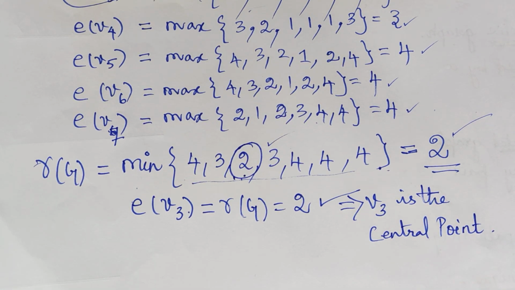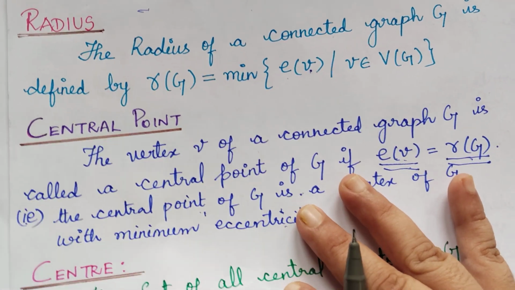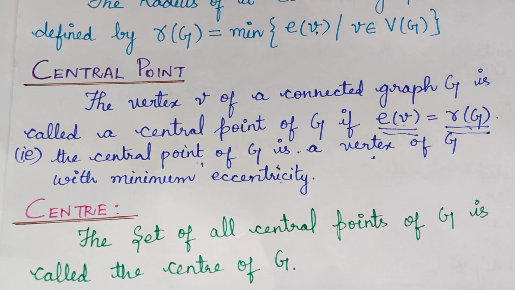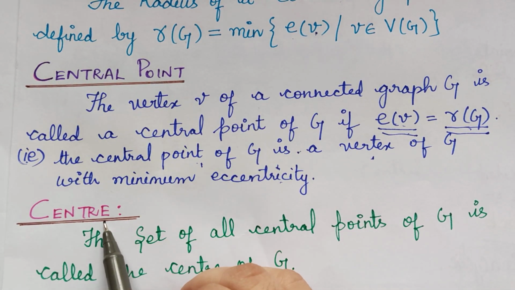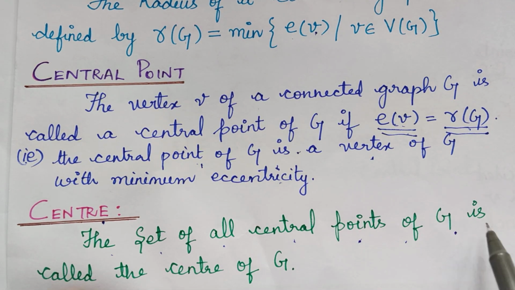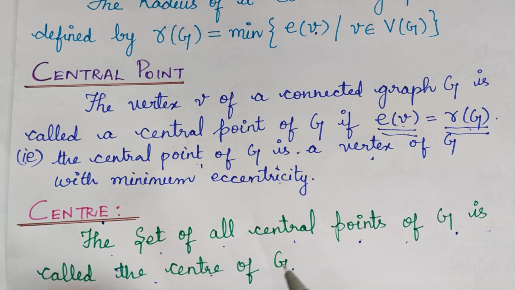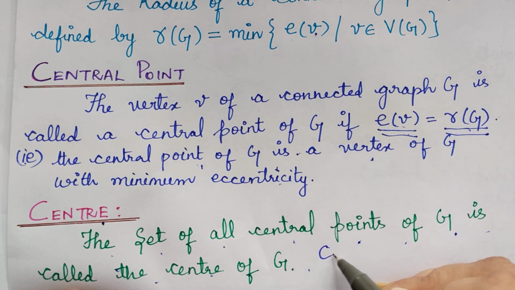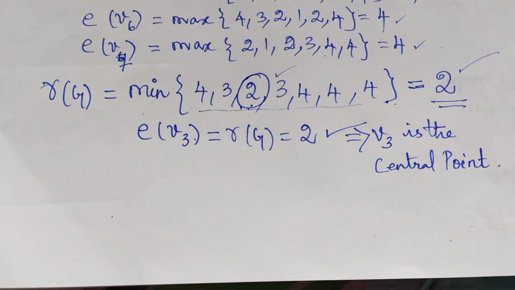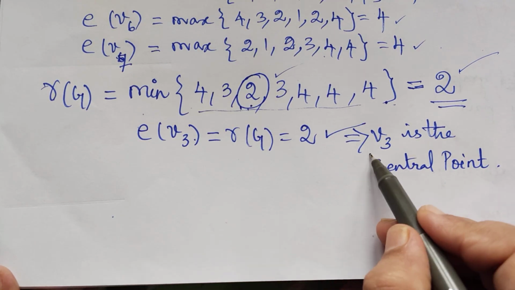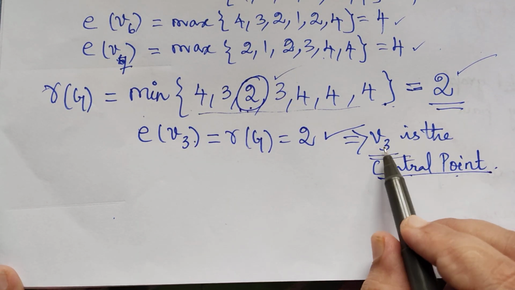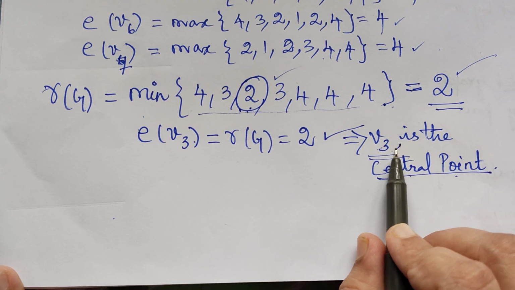The next definition that we are going to learn is the center of a graph. What is the definition for the center of a graph G? The set of all central points of G is called the center of G. It is also represented as C of G. In this example, V3 was the central point. We had only one central point, but we can have more than one central point also.